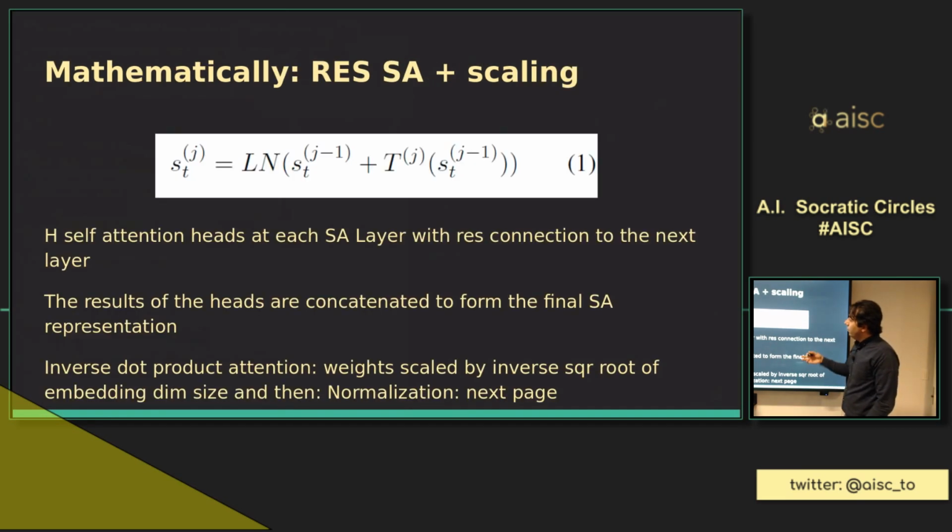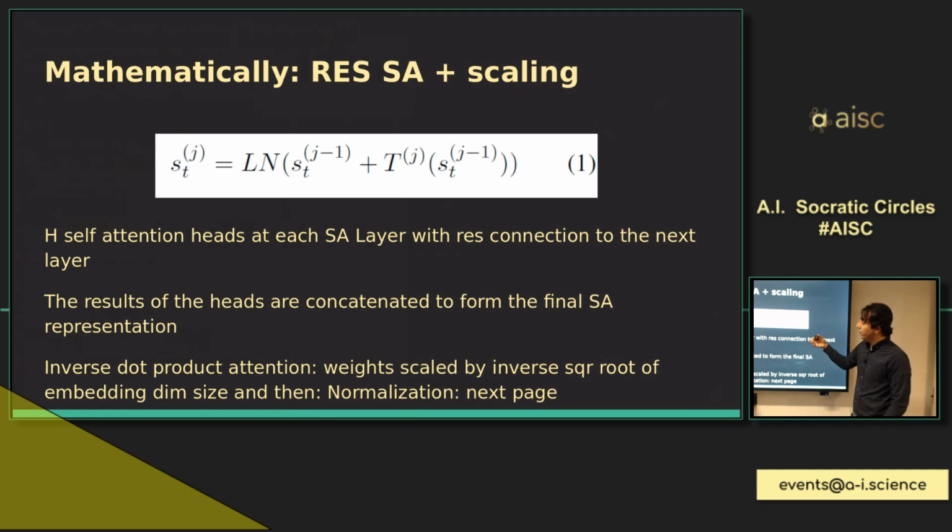Okay, so mathematically, this is a residual self-attention layer plus scaling. You have your self-attention, and you apply it on the representation of the previous layer. You have two terms inside LN, which is layer normalization: S sub t, j minus 1, plus the self-attention of S sub t, j minus 1.